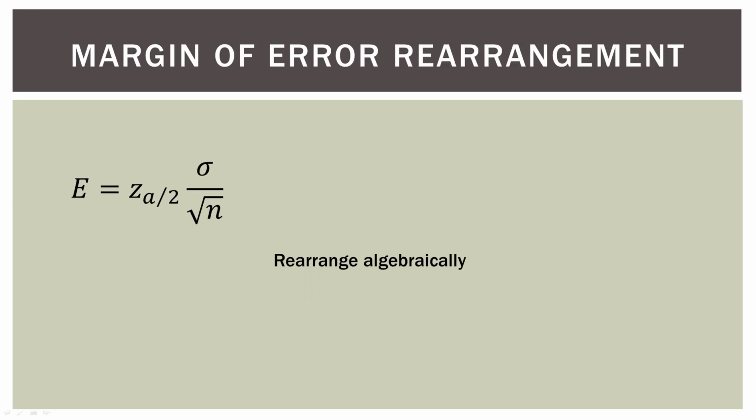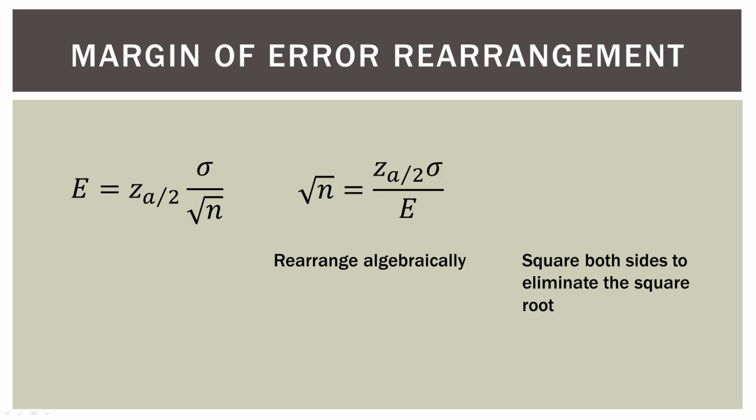So what we can do is use basic algebra to do some rearranging. If we want to be solving for n, we need to isolate n. So we can multiply both sides by the square root of n and divide both sides by e. So we basically just swap e and the square root of n there. Now we want to get rid of the square root sign, so we square both sides to eliminate that square root.